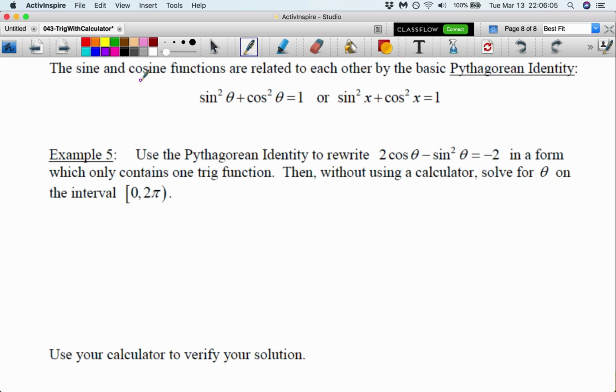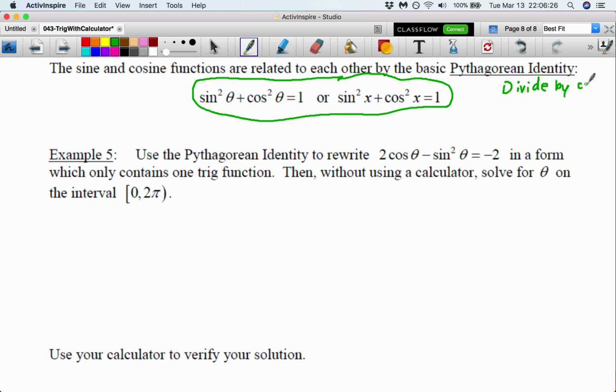I'm sorry. So sine and cosine are related with the basic Pythagorean identity. Whether it's expressed with thetas or whether it's expressed with x's, this is super important. You can use this to get all the other important identities. If we divide by cosine squared, sine squared over cosine squared is tan squared.